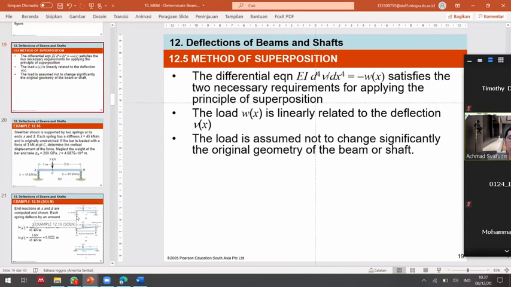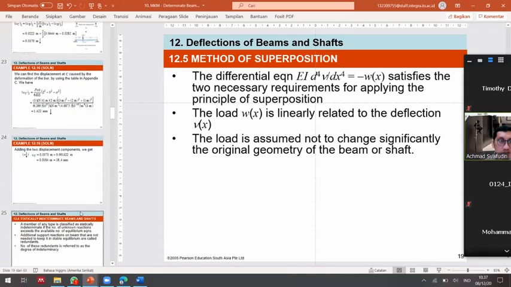There are four to six methods to solve deflection, but we only have 4 weeks. So I will choose the simplest method to solve the deflection of static structures, either determinate or indeterminate.